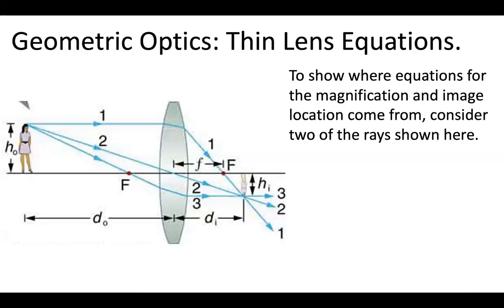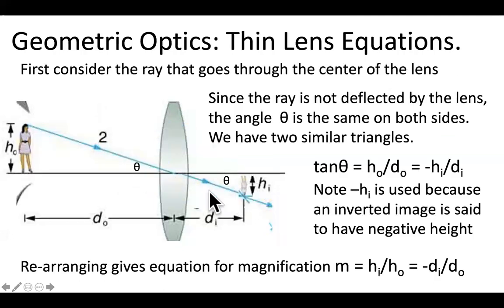Well, let's first consider the simplest ray, the one that goes straight through the center of the lens. If we focus on that one, that was ray 2 in the previous figure, we get a pretty simple geometry. We have a straight line that goes from up here to down here. Now, that already tells us something.